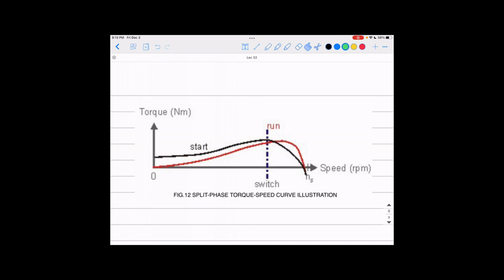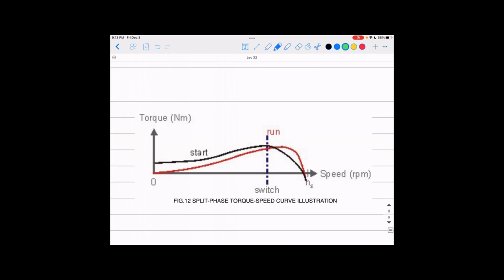That is torque speed characteristics of both the running and starting characteristics. Okay, so look at the running one, which is the red characteristics, like here.